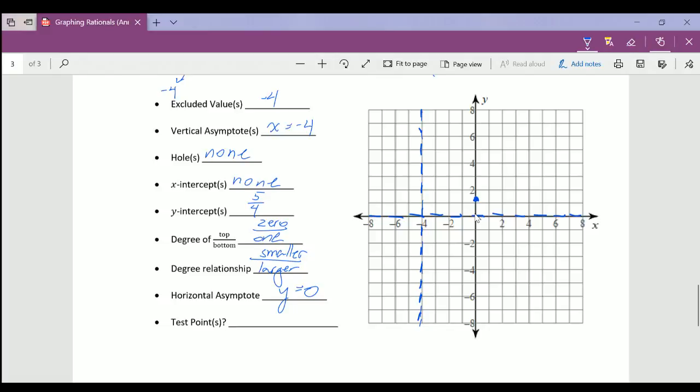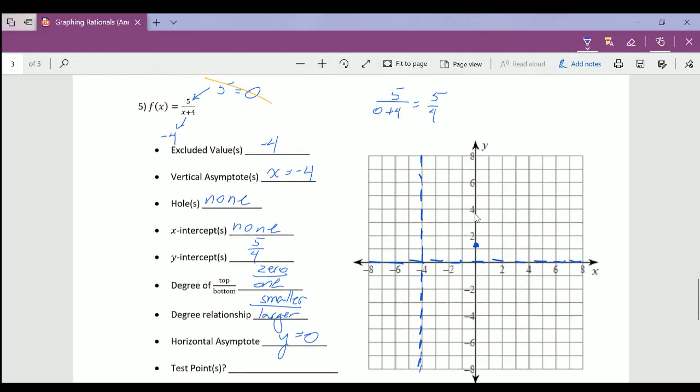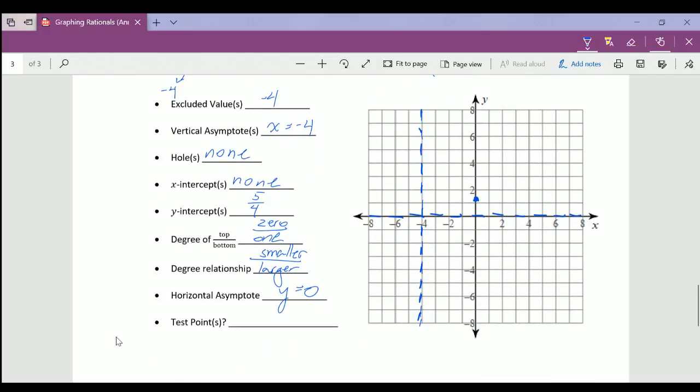So I kind of want to go ahead and do a test point. Okay, so if we're going to use 5 over x plus 4, and it's got to be something that's way out this way. How about if we use -5? Okay, so you're going to do 5 over -5 plus 4.